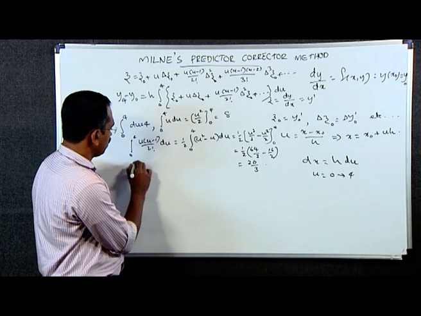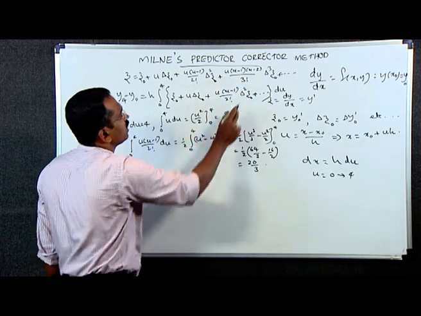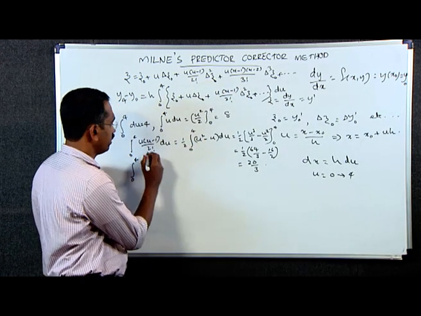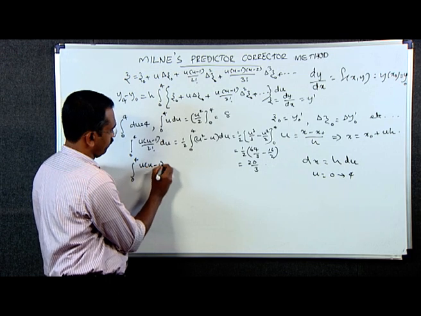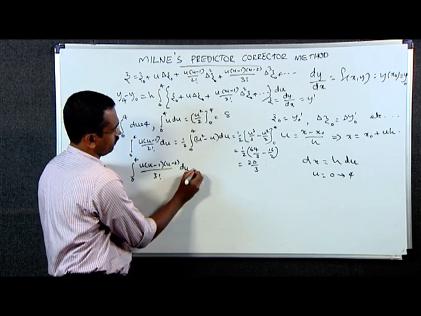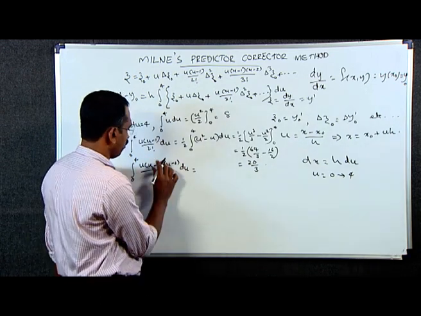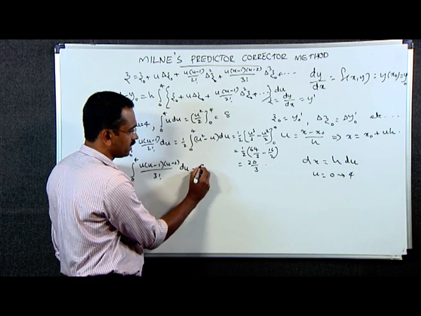Integral from 0 to 4, the next term is u into u minus 1 into u minus 2 divided by 3 factorial du. On integration, we will get the value of this integral as 8 by 3.